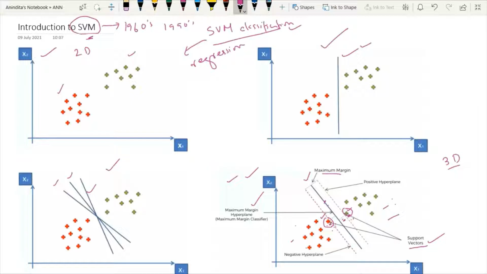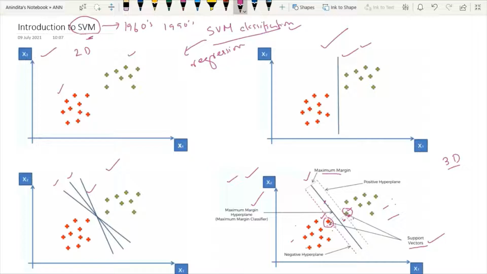Whenever we are plotting points in multi-dimensional space, visualizing them becomes very difficult. At that point, we consider them as vectors. So this point you have to remember. This is a general term that I am using: points are also known as vectors.